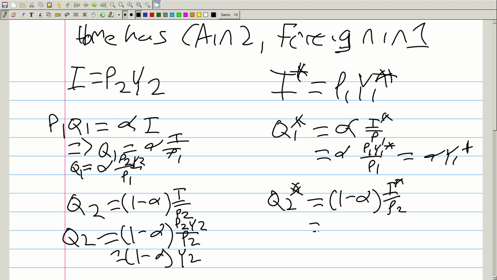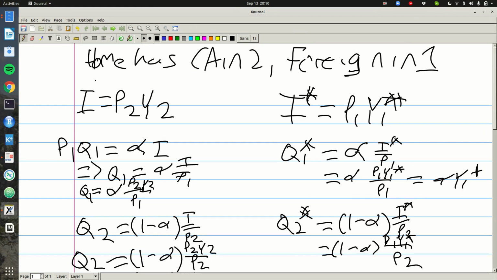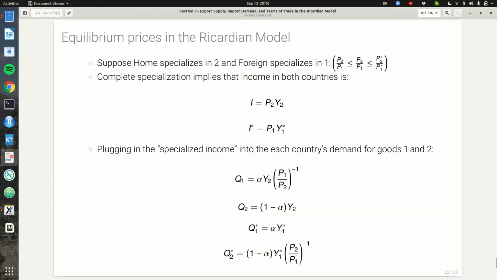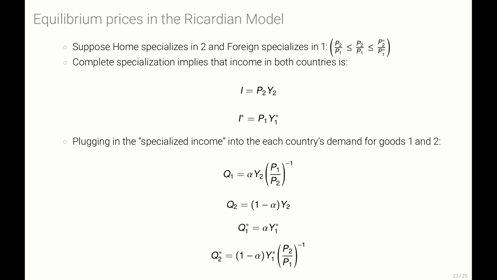And so likewise, we're just going to plug in for foreign's income, which we know is only a function of good 1. And so we get that foreign's consumption is described by this. Okay, and that's what these expressions say right here. The only thing to note is that these just flip everything.